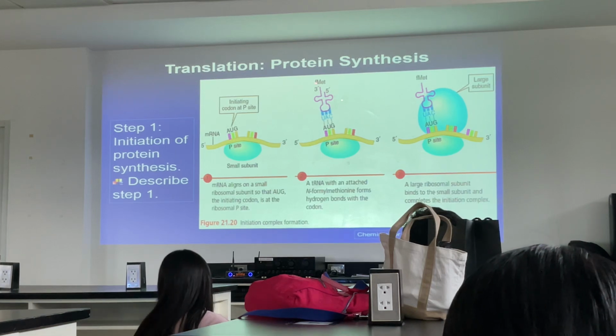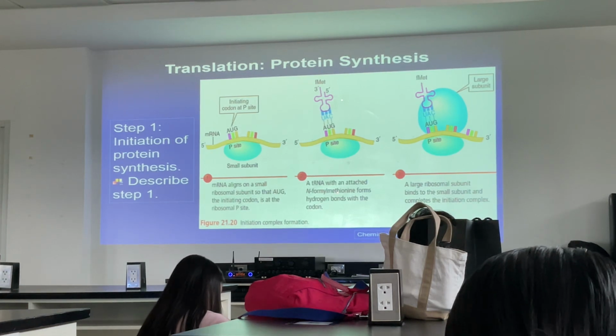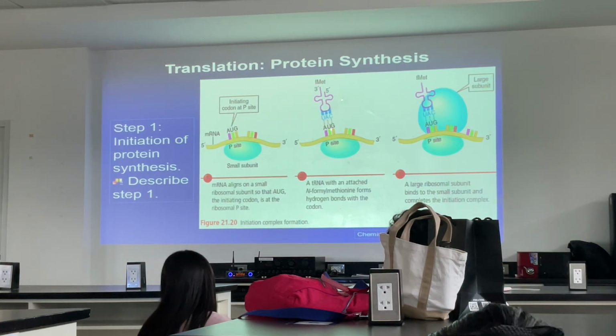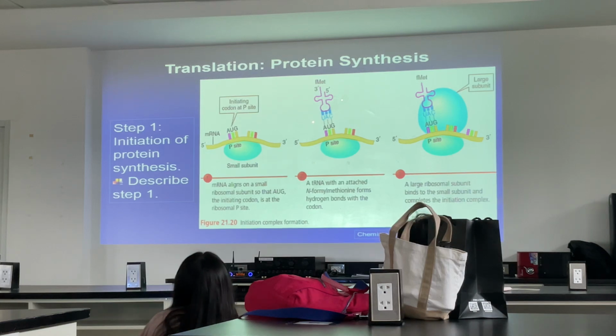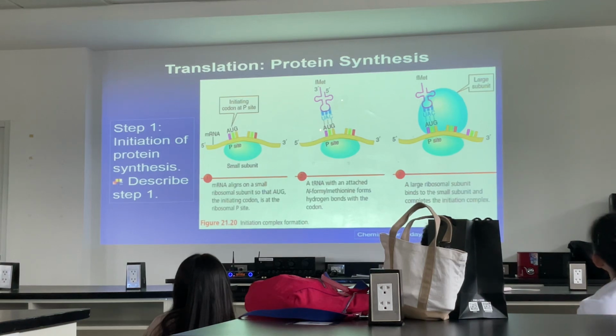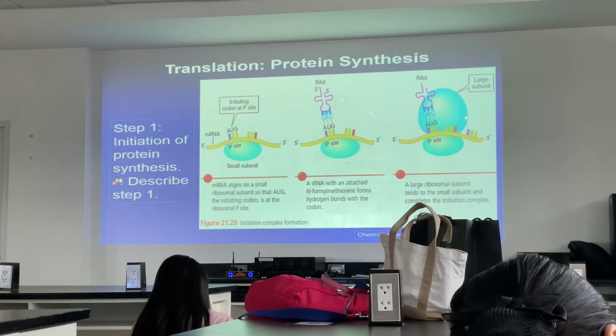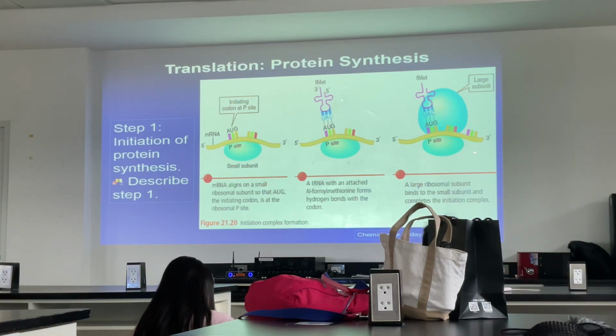So a tRNA with an attached formyl methionine will form a hydrogen bond to attach to the codon. A hydrogen bond will be formed between the anticodon and the codon in the mRNA molecule. After attachment of the tRNA to the codon, a large ribosomal subunit will bind to the small subunit, forming what we call the initiation complex.